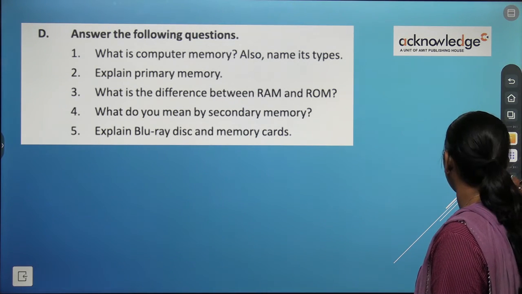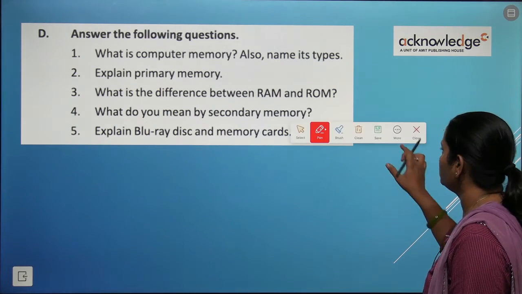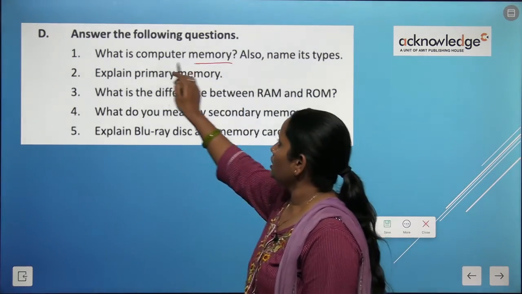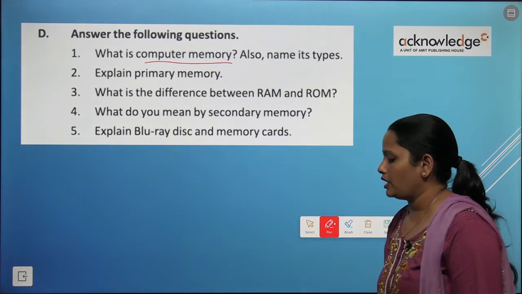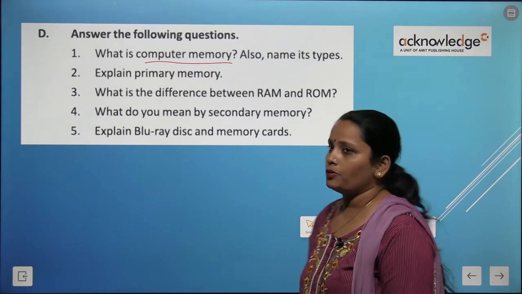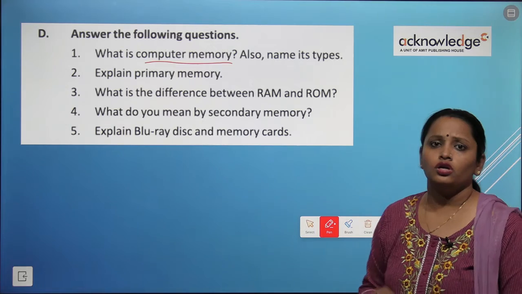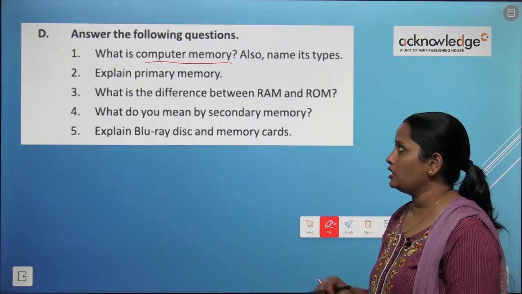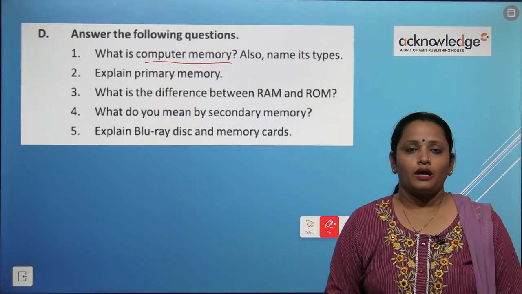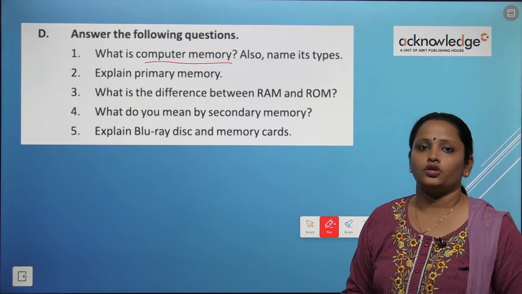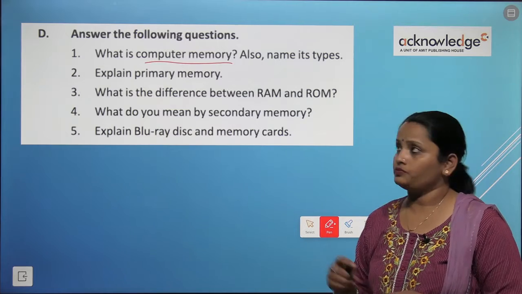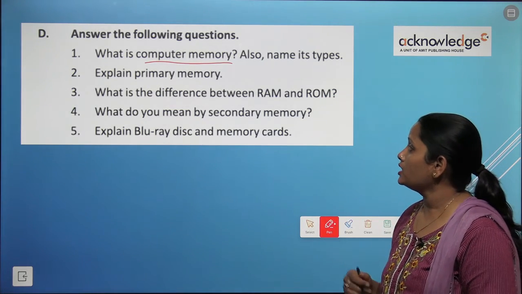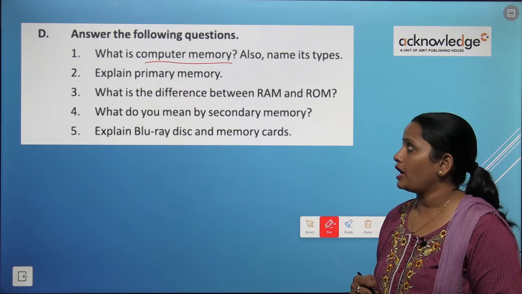Now let's quickly come to the question and answers, children. What is computer memory and also name its type? So computer memory is divided into two parts, that is primary memory and secondary memory, and the primary memory is again divided into RAM and ROM. Now the second question is explain primary memory.